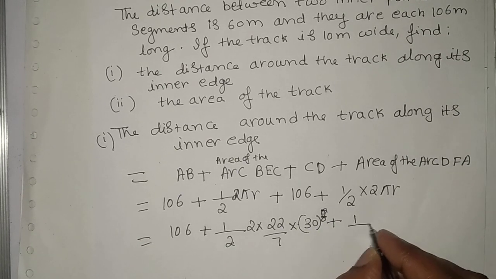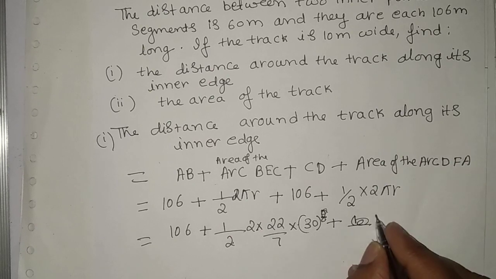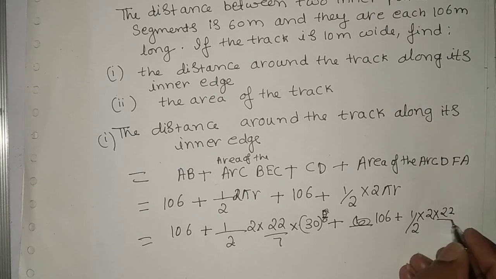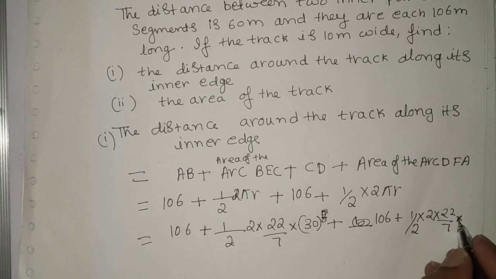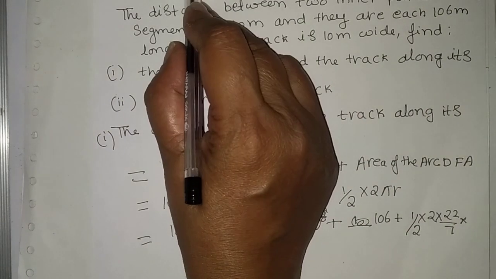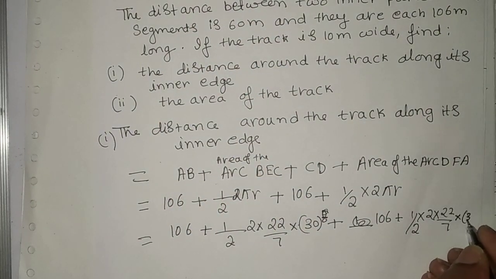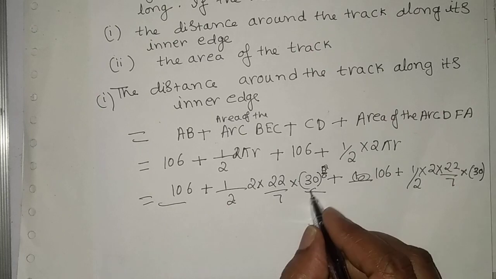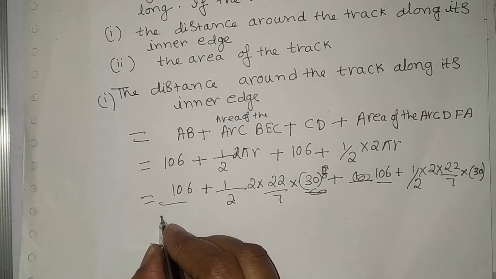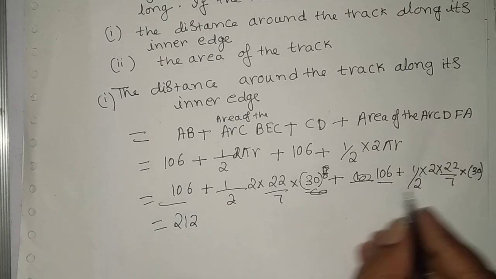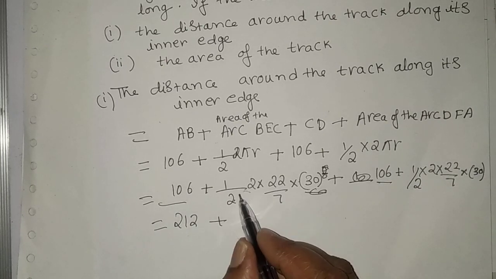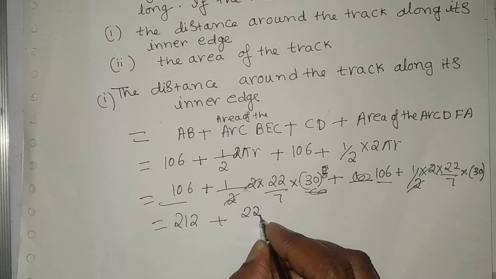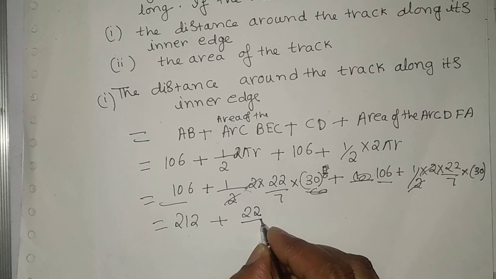Plus again CD, what is it? 106, plus again half into 2 into 22 by 7 into the radius, which is again 30 for the other arc. Now simplify everything. Add these two: 106 plus 106 is 212. Then the common terms: the half and 2 cancel, 22 by 7 is common, and 30 is also common.